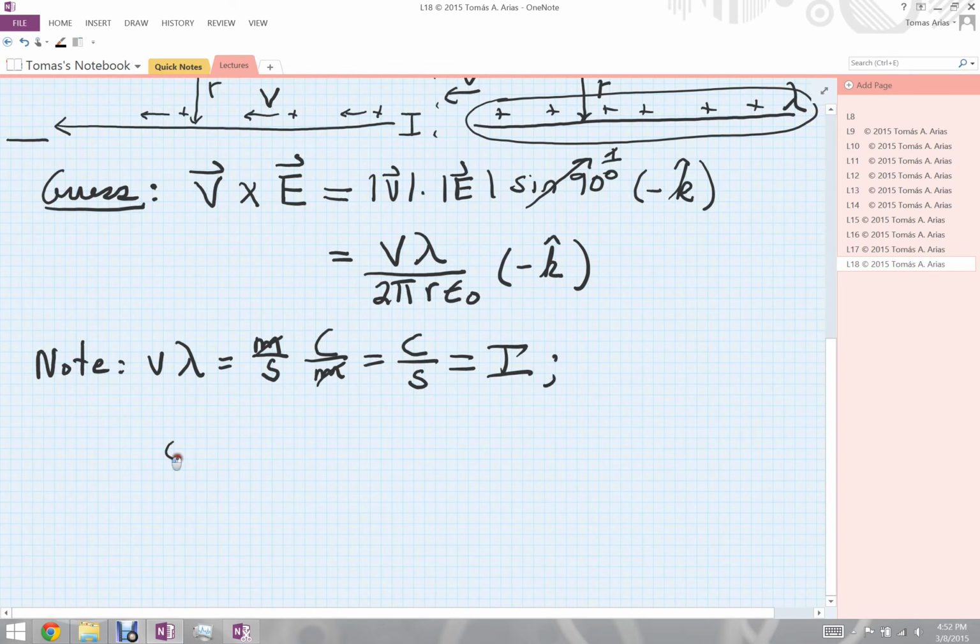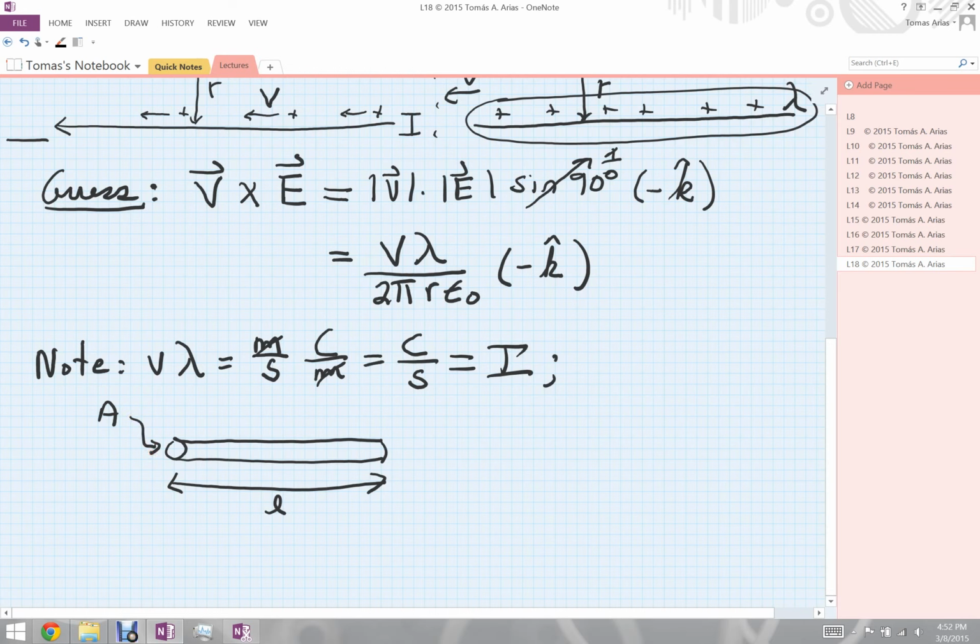If we think about our wire here, it's a long, narrow wire. I'm going to consider a length of my wire, L. And that wire, of course, is going to have a certain cross-sectional area A that I'll indicate there.